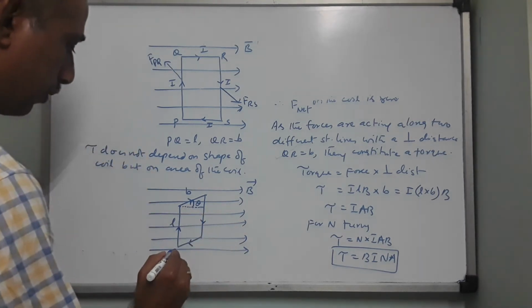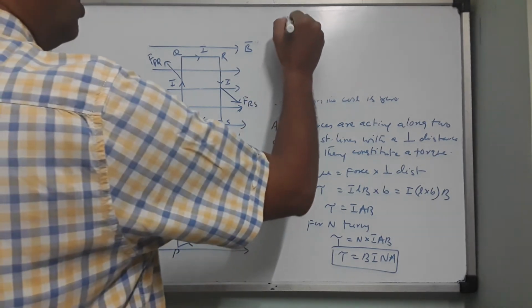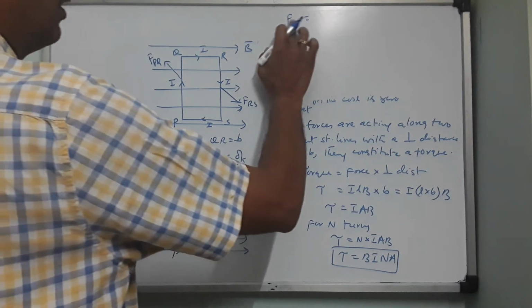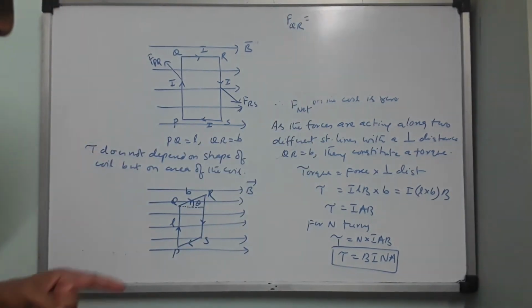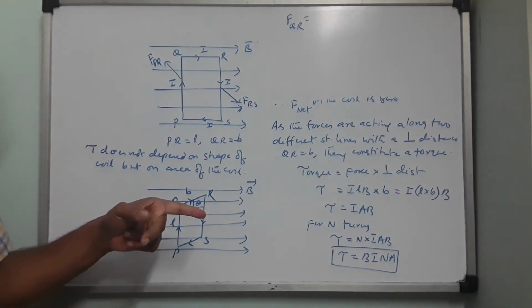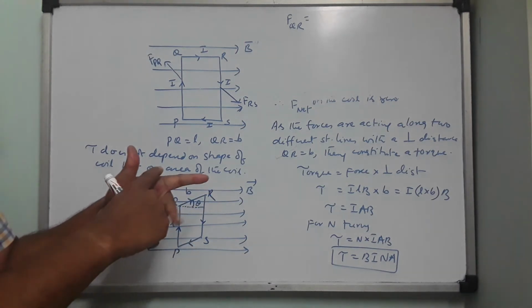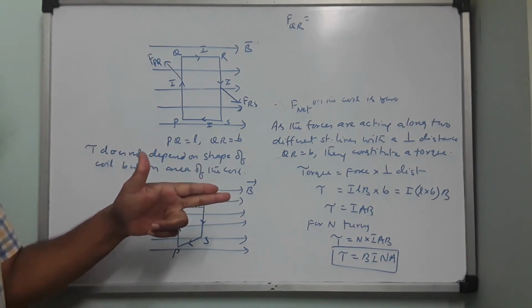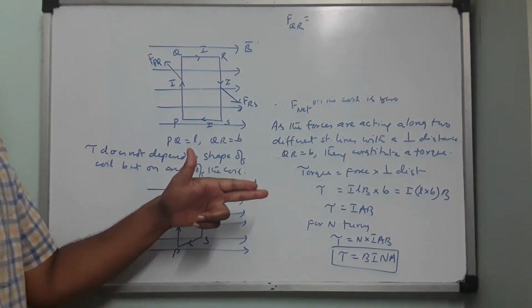So this is P, Q, R, S. Now, the forefinger points in the direction of the field, the central finger points in the direction of the current. Earlier the current was going like this, the field is like this, so the angle was 0. Therefore in ILB sin theta we substituted theta equals 0, and therefore we got the force as 0.